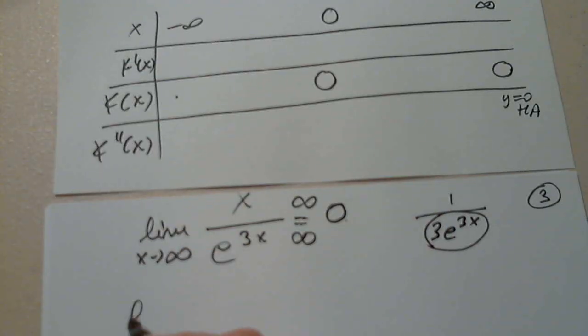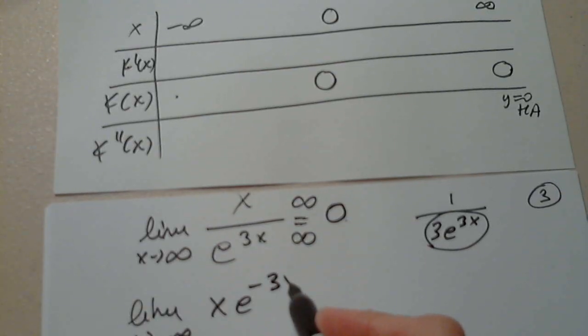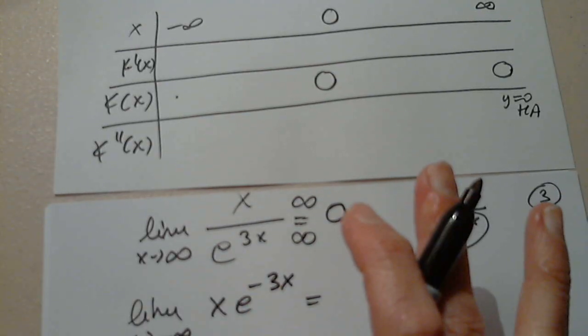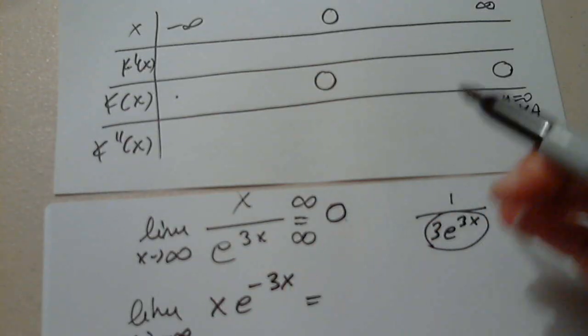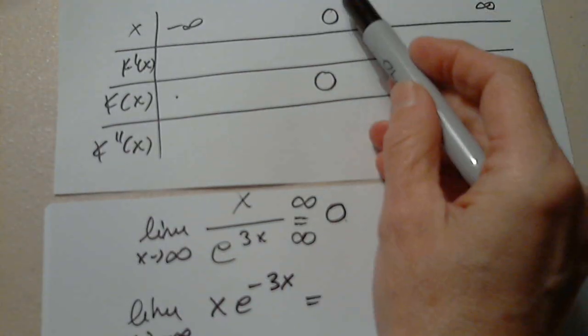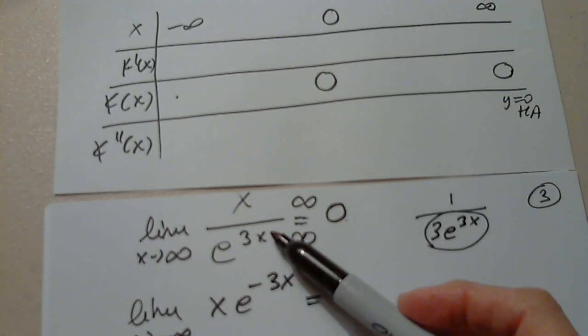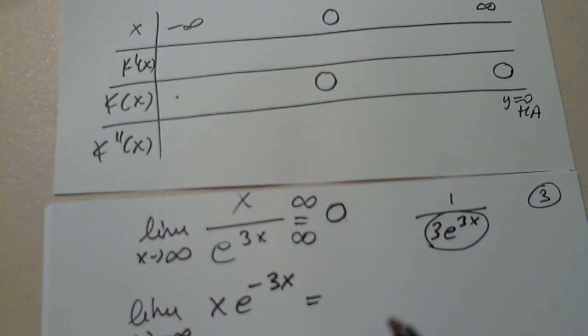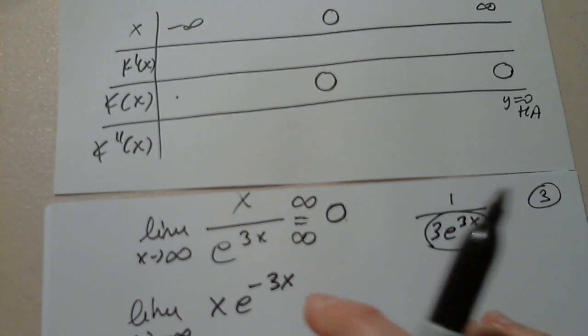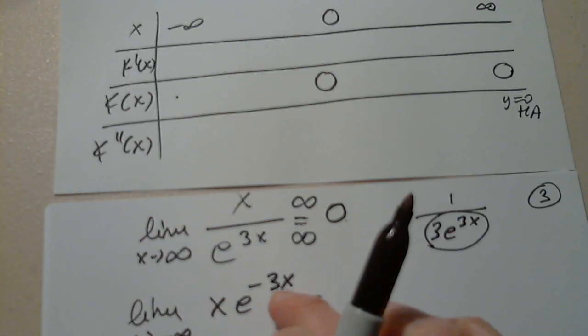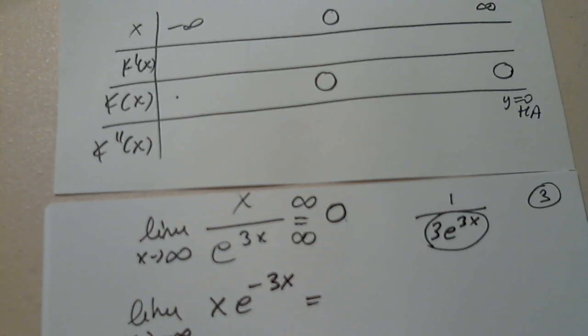So I also have to find limit as x approaches negative infinity of x e to negative 3x. And here's the reason why I left it like this and not in the fraction form, but I used the original function this time. When I replace x by negative infinity, I get e to infinity.